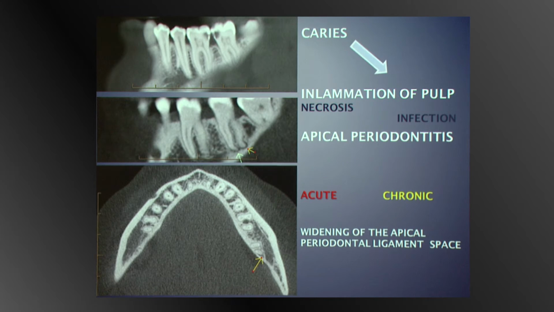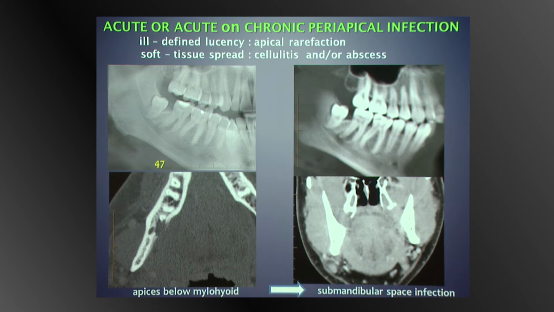So caries, see the carious lesions, inflames the pulp, which undergoes necrosis, infection, leads to apical periodontitis with widening of the apical periodontal ligament space, demineralization of the lamina dura, which can be acute or it can be chronic.